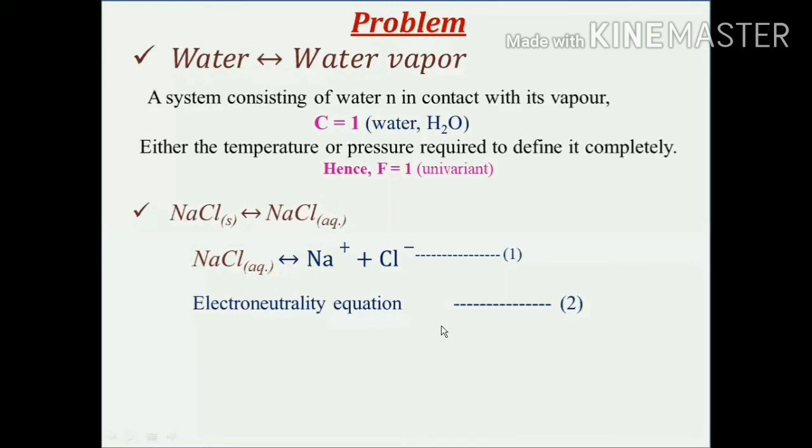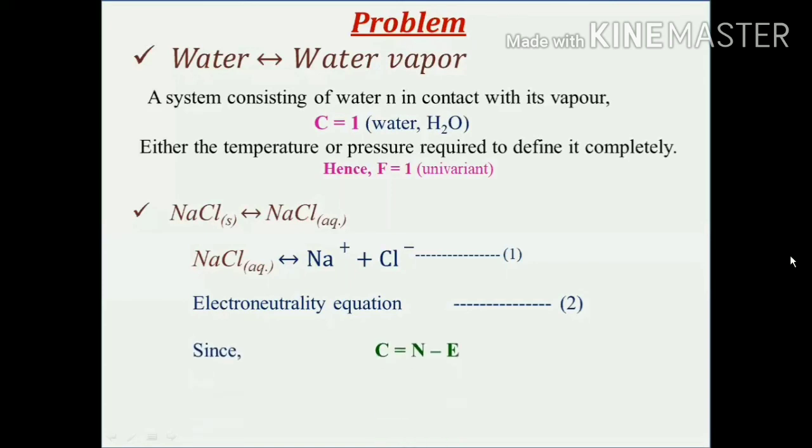Remember this is the thumb rule for defining the number of components as well as the number of equations specifically: whenever ions are present in your system, without giving a second thought, you just write down one of the equations as the electroneutrality equation, right? So there are overall just two equations which can be written over here.